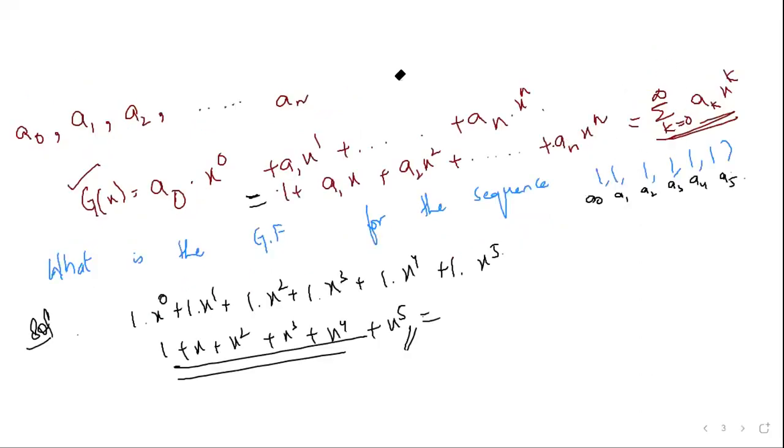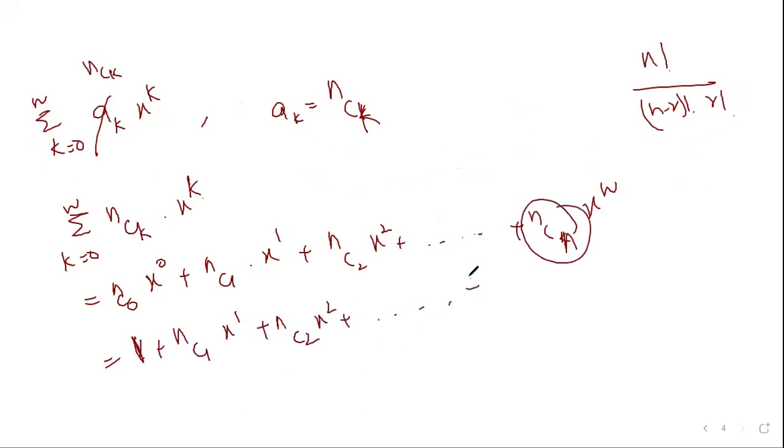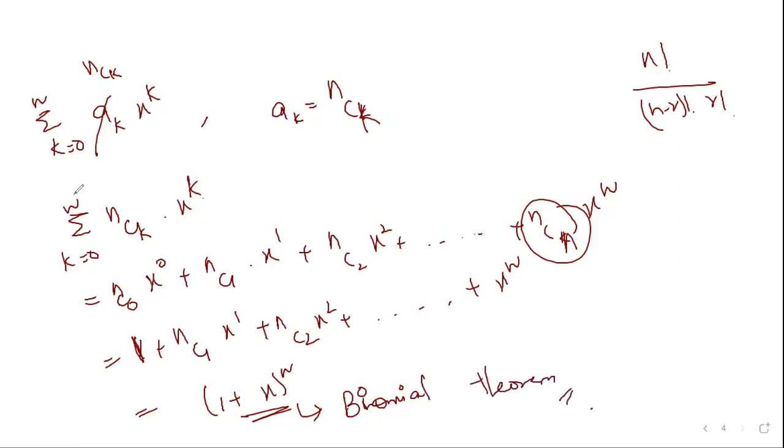Now nC0 is 1, so it will be 1 plus nC1 into x power 1 plus nC2 into x square, and nCn is also 1, so x power n. This can be written as (1 plus x) power n, the binomial theorem.